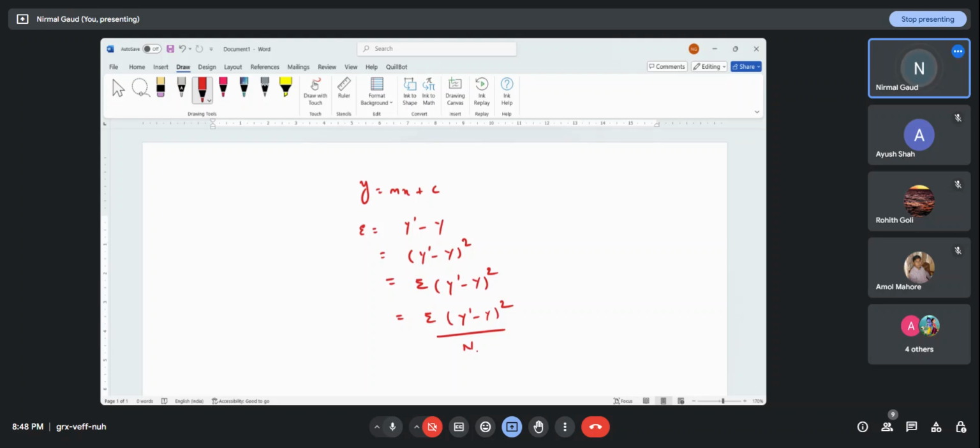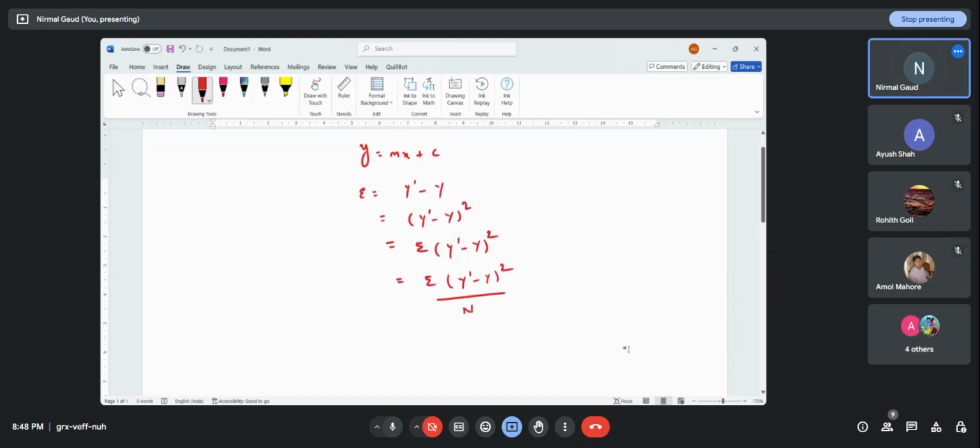That you call as mean square error, MSE. Okay, or you can say it as cost function or MSE. Fine.